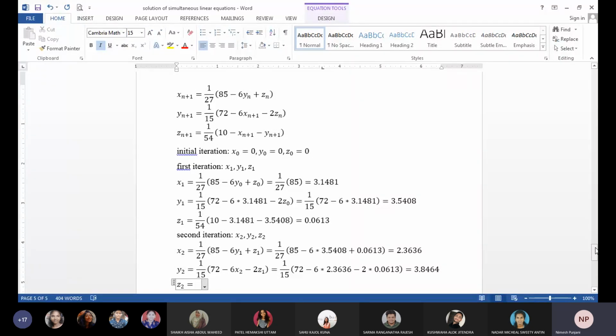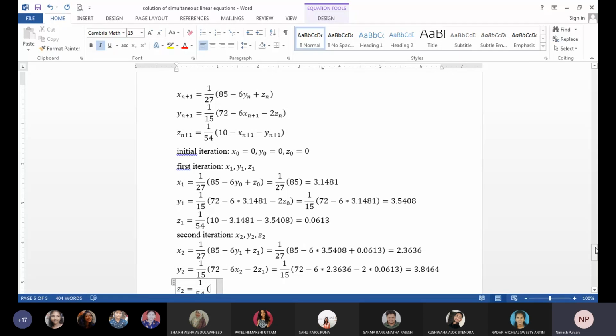Earlier I had written it as plus 2zn, which was an error from my side. Because plus 2z is on the left hand side, when it goes to the right hand side it becomes minus 2. So make that correction. Is it okay? Okay, sir.